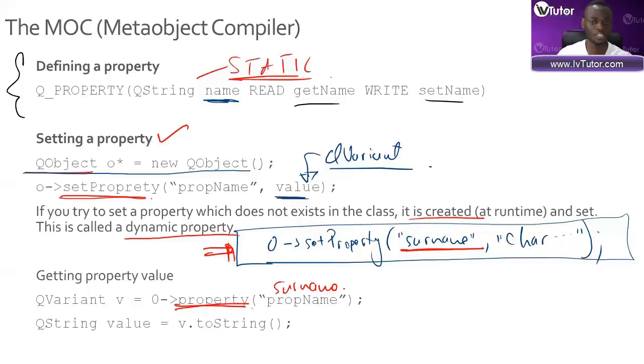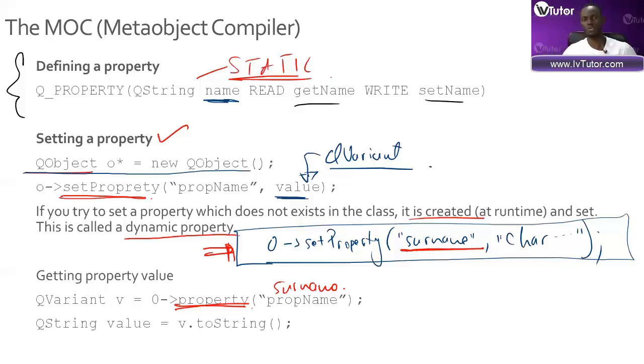And a common exam question is, what's going to happen on this line? Is it going to fail? Is it going to succeed? If you say it's going to fail, can you fix it? If you say it's going to succeed, then explain how. And this is the explanation. It's created as a dynamic property. So basically, that's everything about properties.